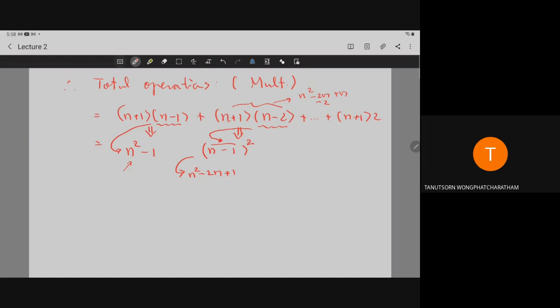This is n minus 1, n minus 2, n square minus 2n plus 1, right?